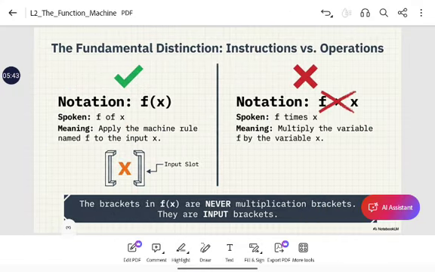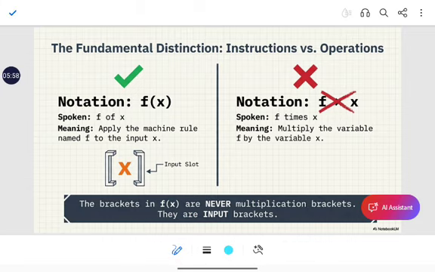Good. So function notation, the fundamental distinctions: instructions versus operation. Now please, let's be careful. We are aware of the fact that brackets in mathematics means multiplication.